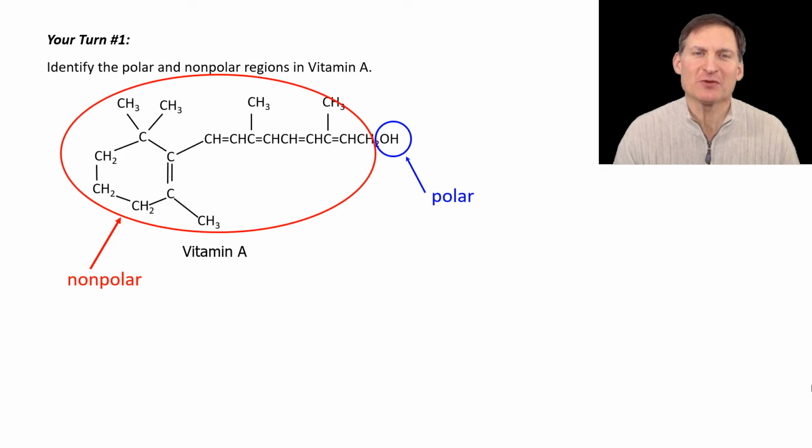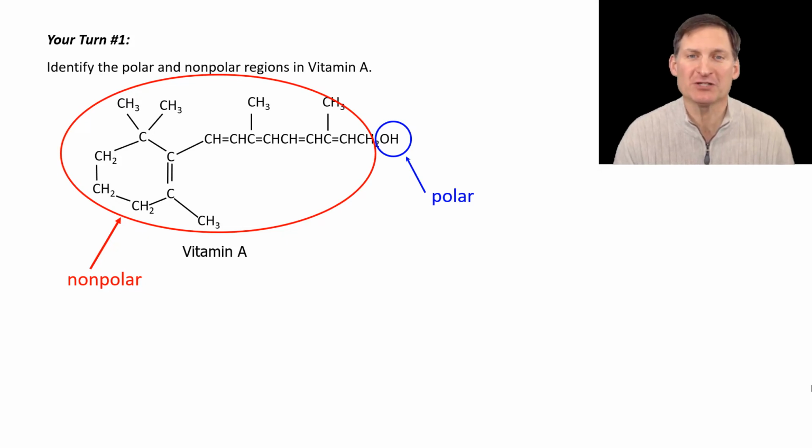The large section with only carbon and hydrogen is nonpolar, and the very small region with the OH group is polar. Now technically, overall, vitamin A is slightly polar. After all, to be completely nonpolar, a molecule needs to be completely symmetric. However, since its nonpolar region is so large, its properties are much more like a nonpolar compound.